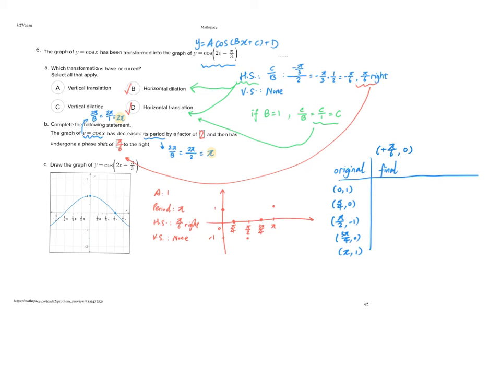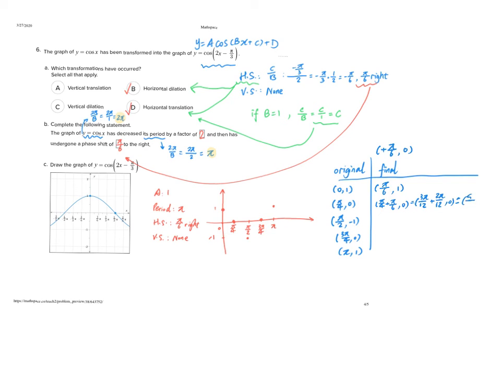All the x numbers need to add pi over 6, so let's go ahead. 0 plus pi over 6, you have pi over 6 and 1. Pi over 4 plus pi over 6 and 0. The least common denominator is 12. 4 times 3 is 12, so 3 pi over 12 plus 6 times 2 is 12, so 2 pi over 12, and 0.